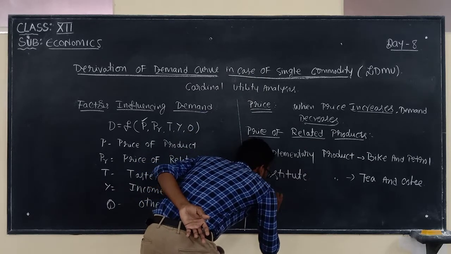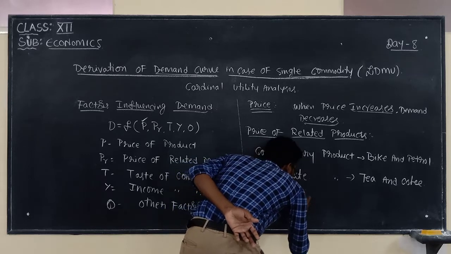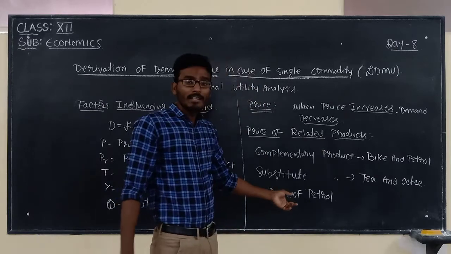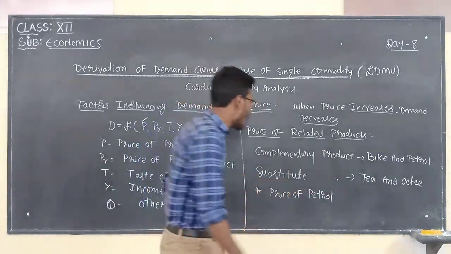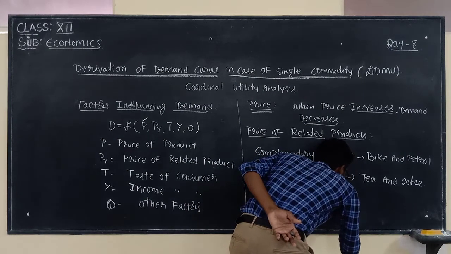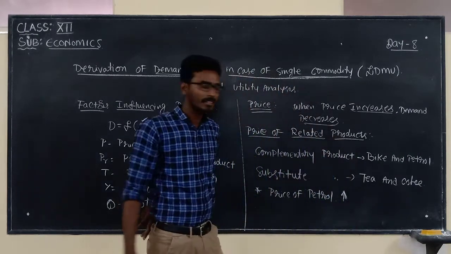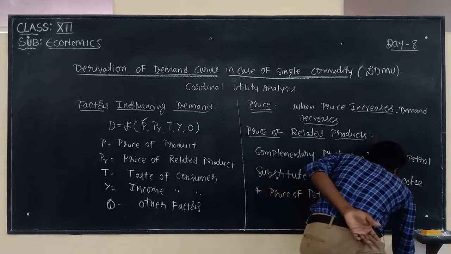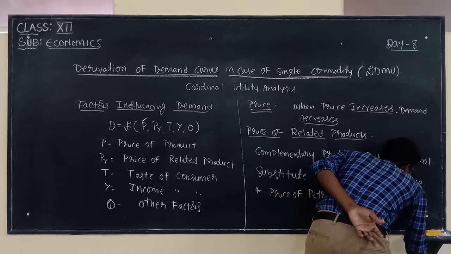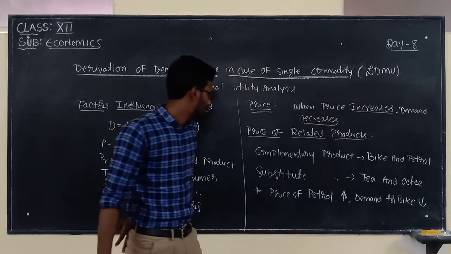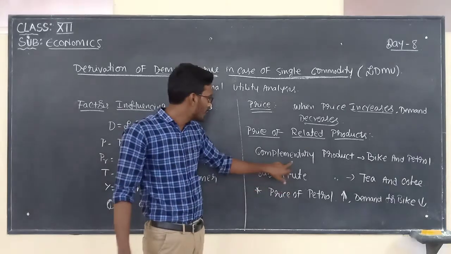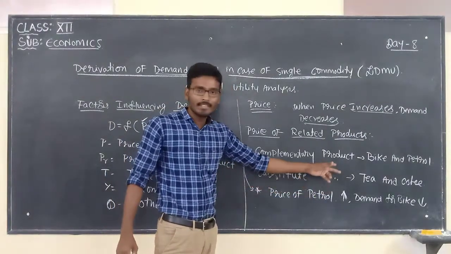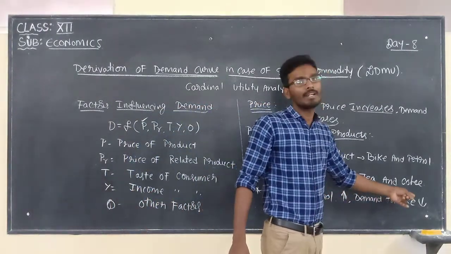If the price of petrol increases, the demand for bikes decreases. This is in case of complementary products. Price of petrol increases, demand for bikes will decrease.